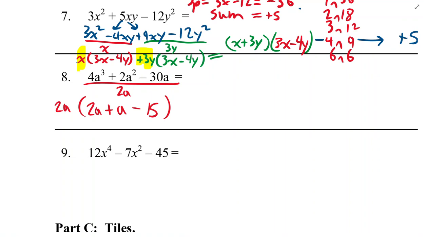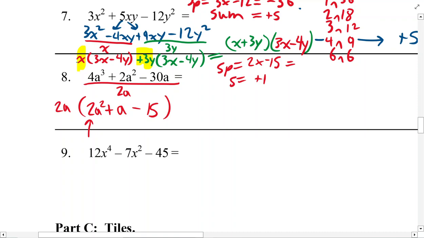Okay, so 2a squared plus a minus 15. We have a number in front, so it's going to be a harder trinomial. So you got to do a super product, which is 2 times negative 15, and you got to do a sum, which is 1. So negative 30 and 1. So what numbers multiply to 30?